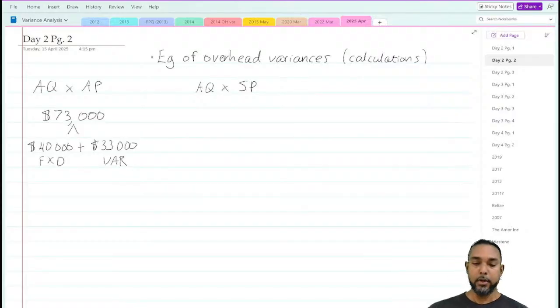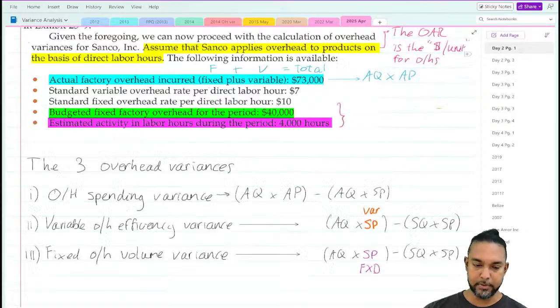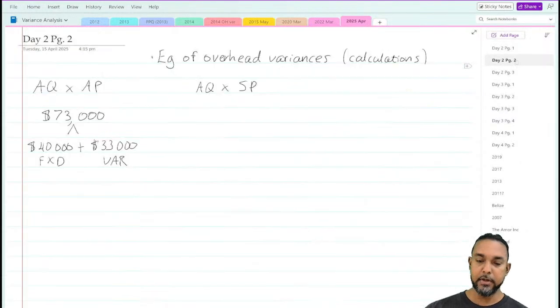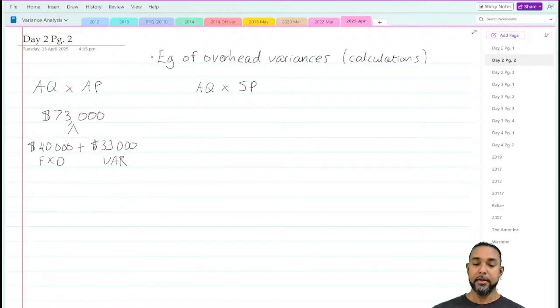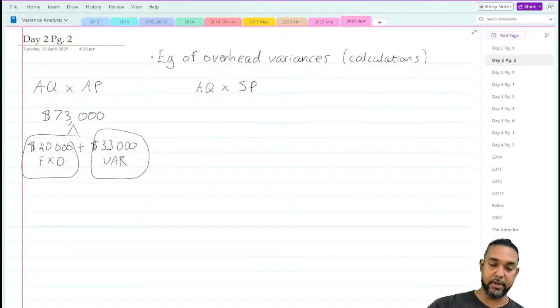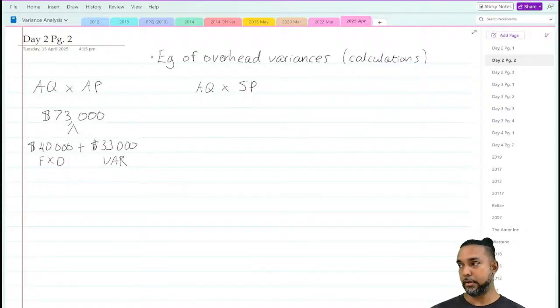Okay, so now we are working out the overhead spending variance. That's the first thing. We're comparing actual expenditure to what it was supposed to be. As you can probably guess, since fixed probably stays the same, the variable is where we have to focus.